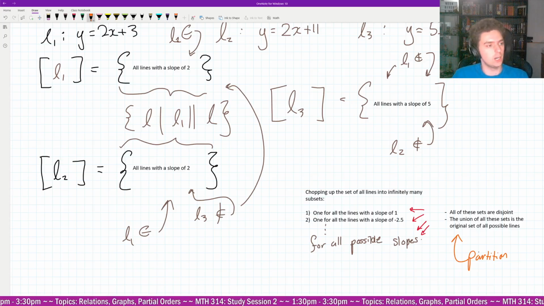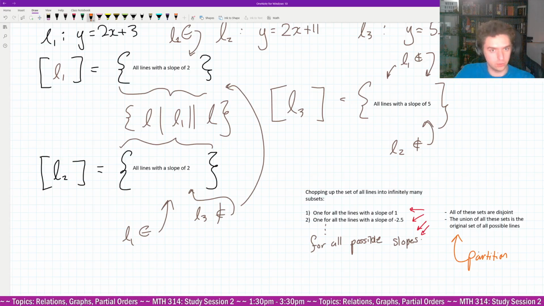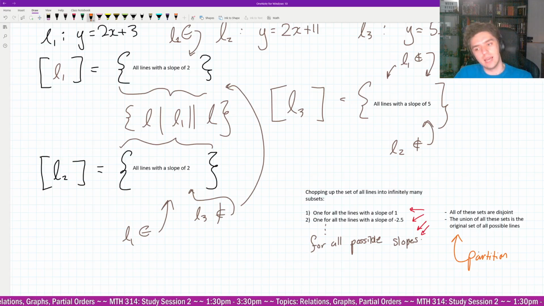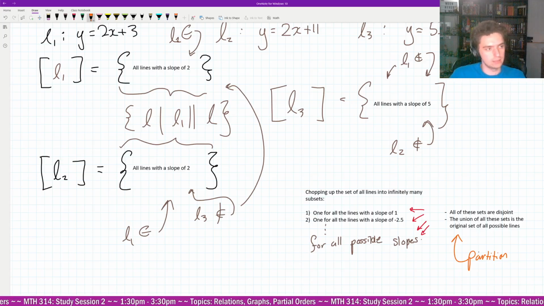They are all disjoint, and the union of all of them is the set of all possible lines. And that's it. There we go. That is the example there, which is good.